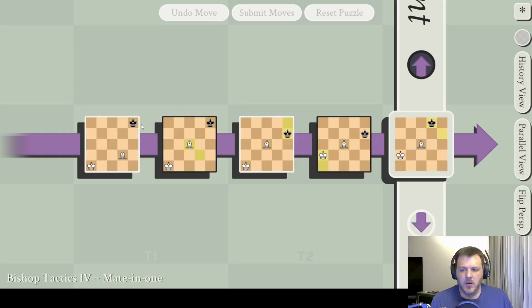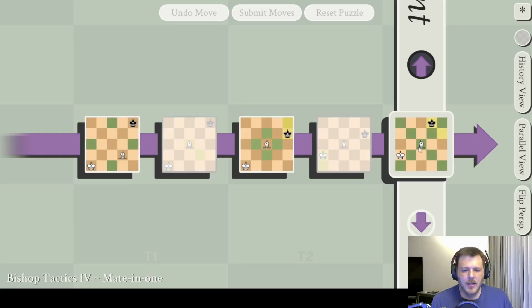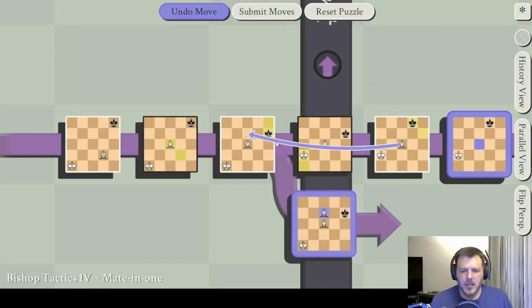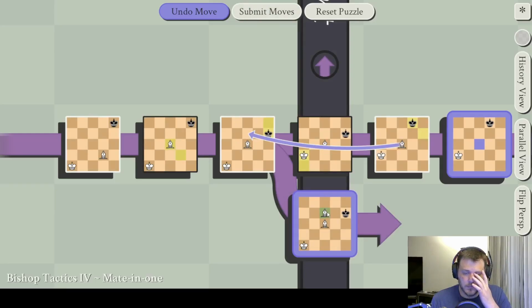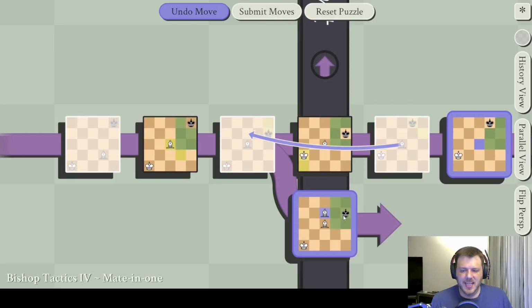And to get to this one, I'd need to be exactly 2 away from it, which I can't be. What about right here? That doesn't do me any good because it doesn't get the check in on it.